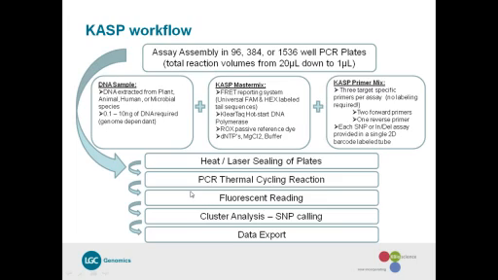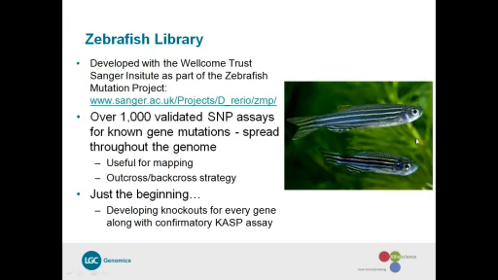When you seal the plates, you do it with an optically clear sealing film, so you don't ever have to remove that film. You just take the entire plate with the sealing film and put it into your fluorescence plate reader, or if you have a real-time PCR machine, you can read it directly on the PCR machine. And then you do your cluster analysis, SNP calling, and data export. So that's the basic workflow.